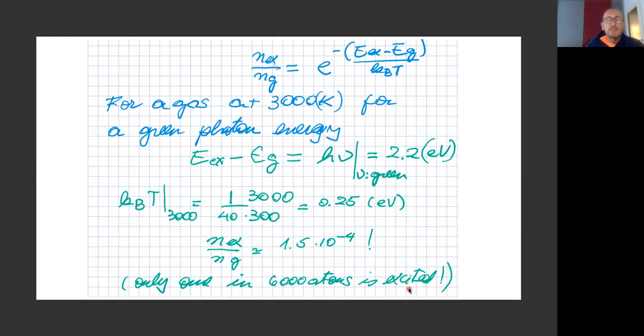But there are almost no atoms in the excited state, because at 300 K, only 1 in every 6,000 atoms is excited. So the most likely thing that will happen is that my lonely photon inside this tube will find itself colliding with an atom in the ground state, and hence being absorbed. That's exactly what will happen, okay?